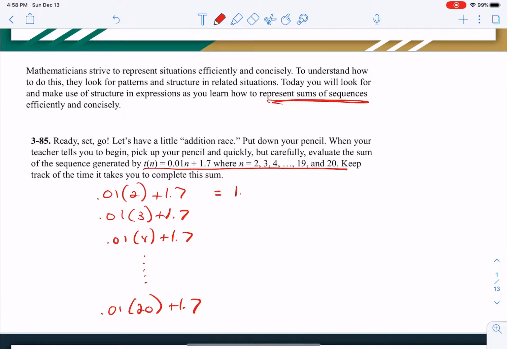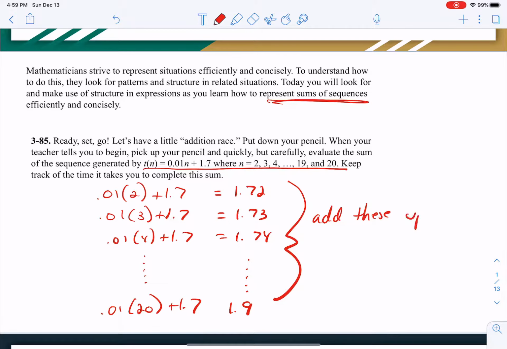Evaluating these on a calculator, and adding up each term, we get 34.39.